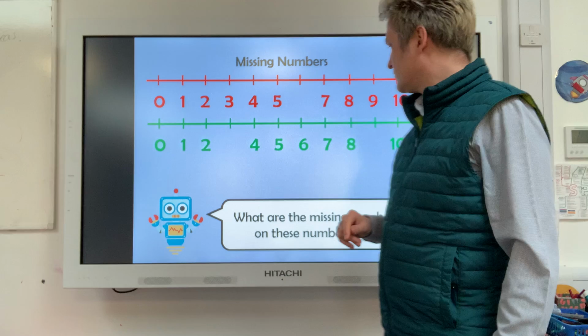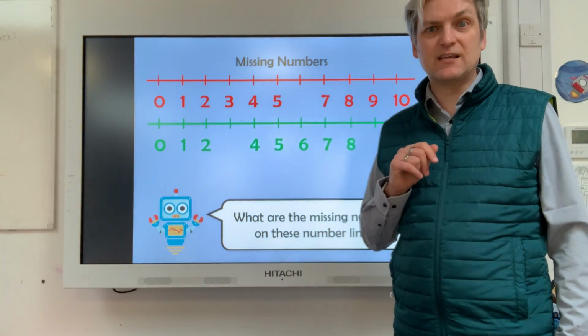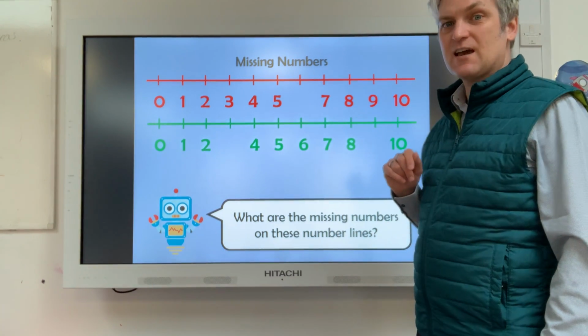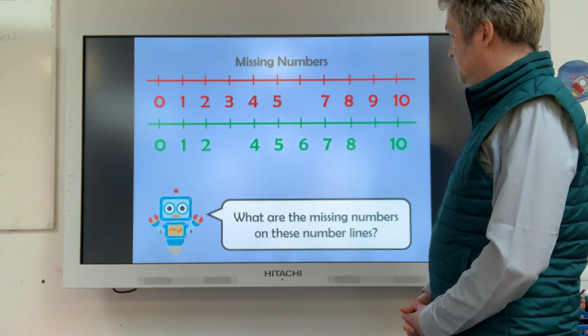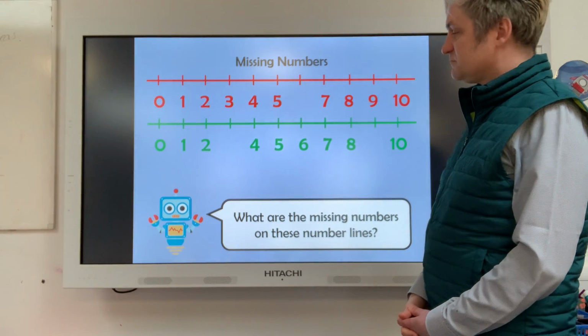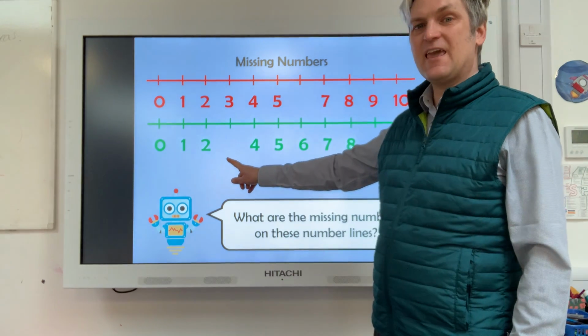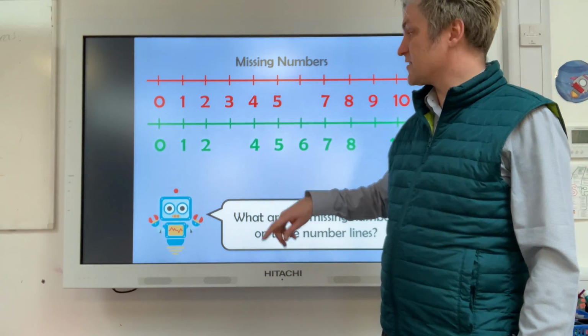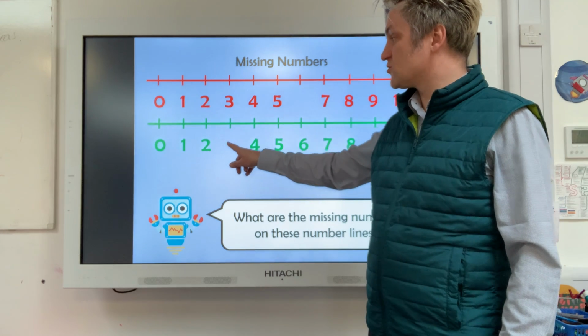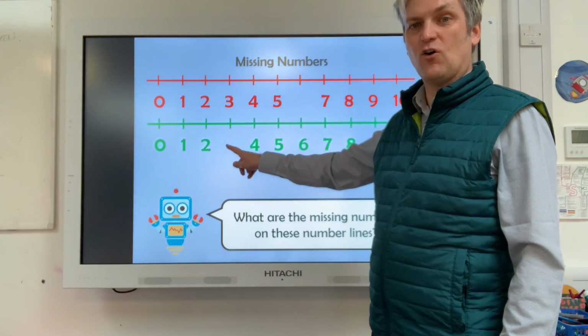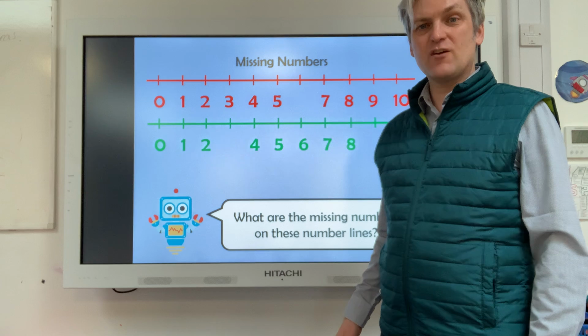What about this one? Oh, got 2 missing numbers this time. Can you work it out? Have a look. There's a number missing here, and I'm not going to count this time. I know that after 2 and before 4, it's the number 3.